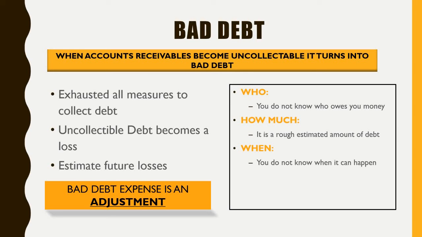So a bad debt expense is considered an adjustment entry. Why is it an adjustment entry? Because it happens at the end of a given period. It doesn't happen during the year. Typically it happens at the end of the year.